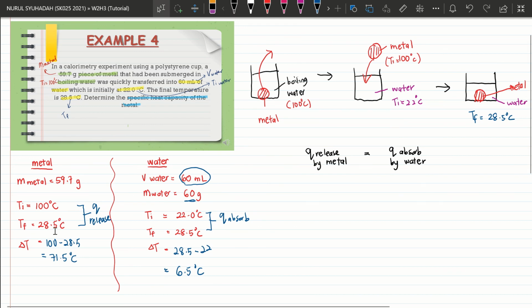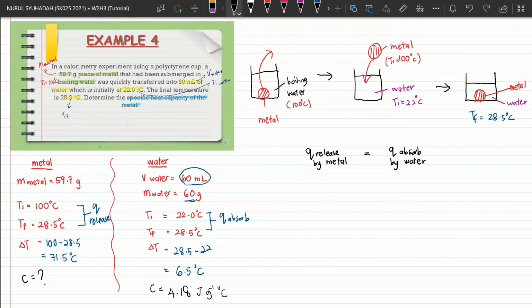The question asks for the specific heat capacity of metal, so C for metal, and we do have the specific heat capacity of water. Even though it is not given, we do know that the value is 4.18 joule per gram per degree Celsius.